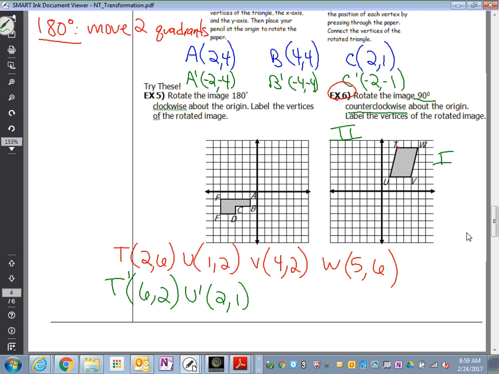This is the easiest way to do it. V prime should be 2, 4, and W prime should be 6, 5.